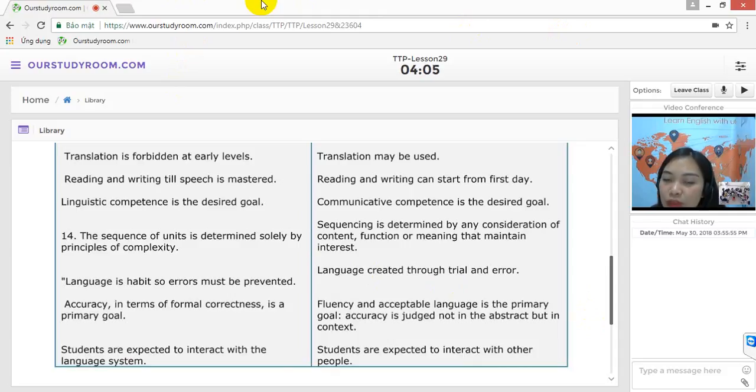Yes, what have you understood with this? I think in our local, the sequence of units we combine.